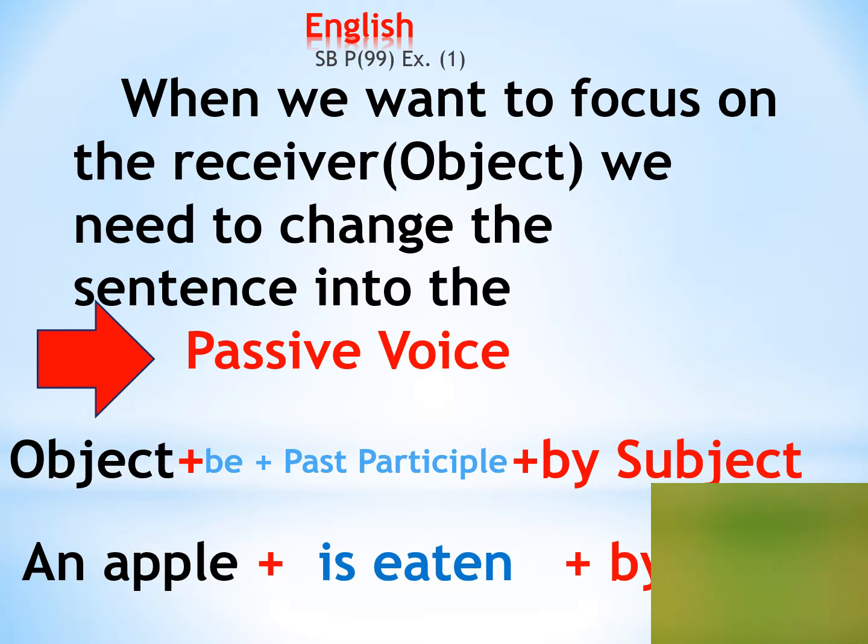So the object comes first, after that be plus past participle, after that by the subject itself. An apple is eaten by Ali. Here the emphasis is on the apple, the object, or we call it the receiver.